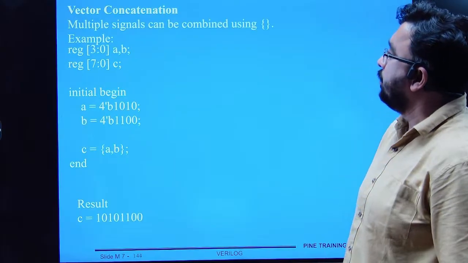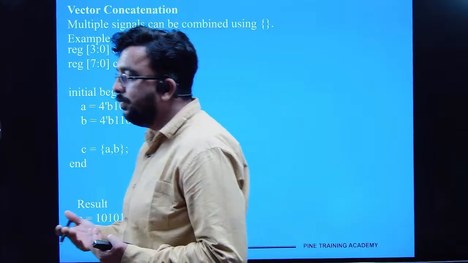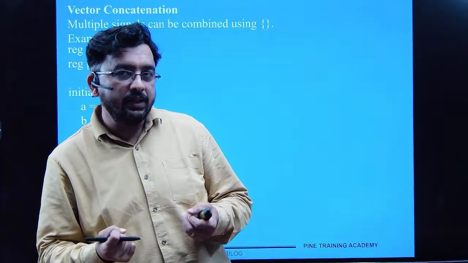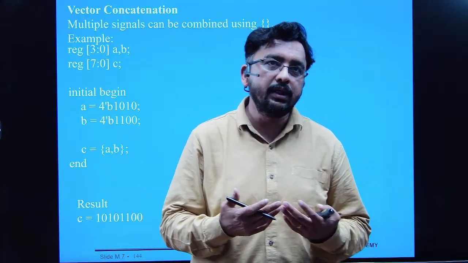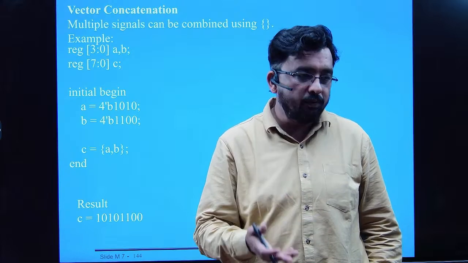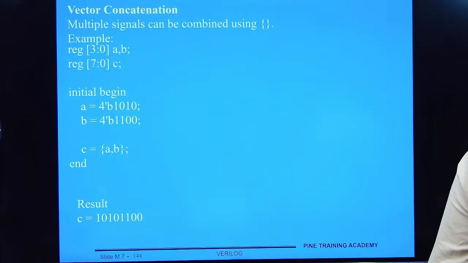Next. Vector concatenation. Concatenation, if you are good in programming, if you are familiar with C and C++, if you are okay with all the operators in C and C++ or in some other programming language, then there is an operator known as the concatenation operator.